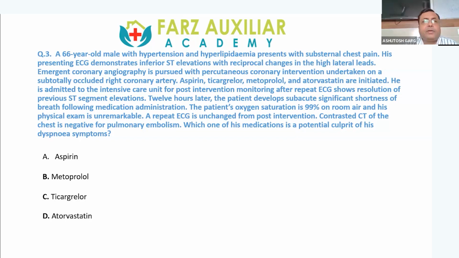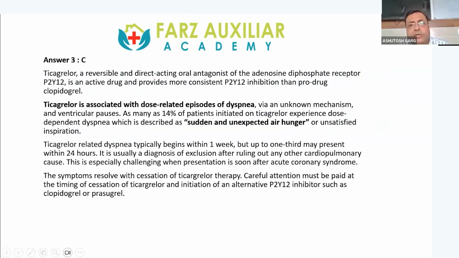Ticagrelor is a reversible and direct-acting oral P2Y12 adenosine diphosphate receptor antagonist, and this drug is more commonly used than clopidogrel nowadays. But there are dose-related episodes of dyspnea in even 14% of patients. This is a huge number.